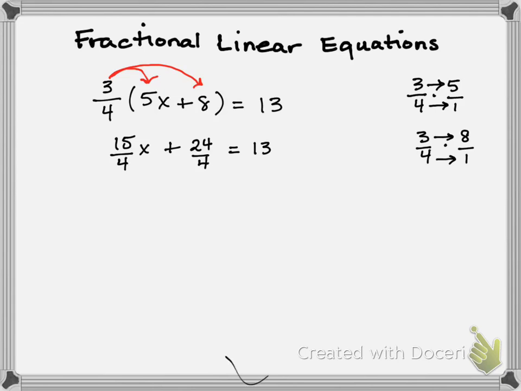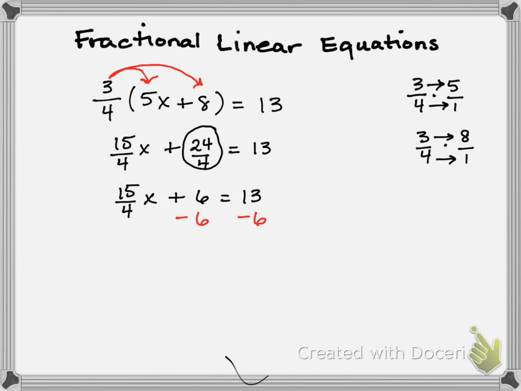Now, we can look at this and notice that the 24 over 4 can be reduced to a whole number. So let's go ahead and do that. So 15/4 x plus 6 equals 13. Then I'm going to want to subtract 6 on both sides to start solving for my x.